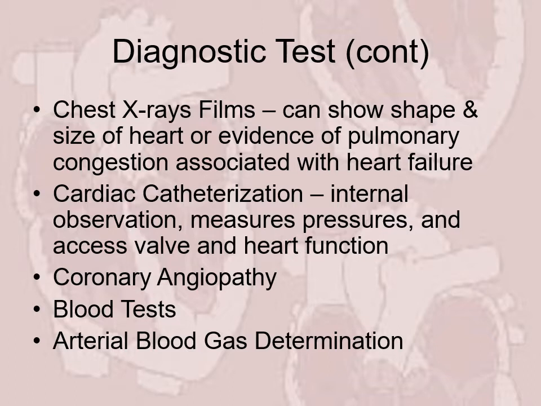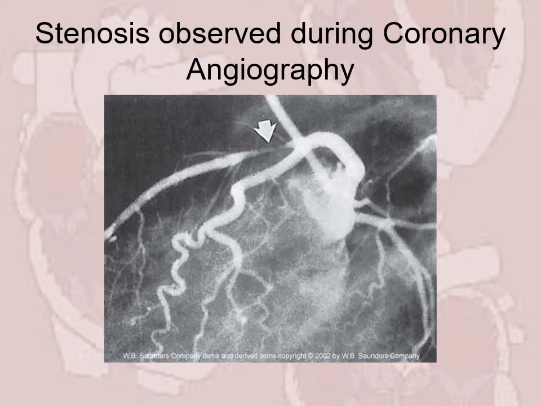Blood tests: you can look at triglycerides, cholesterol, electrolytes, hemoglobin, hematocrit, blood cell counts, and differential counts for white blood cells. Arterial blood gas determination checks O2 sat and acid-base balance. This is looking at a stenosis observed during a coronary angiography, showing you the approximate location of the obstruction.